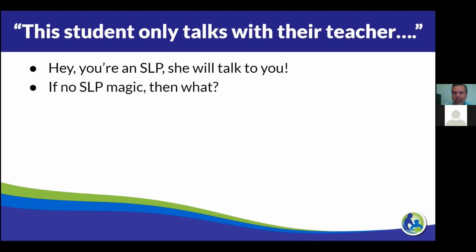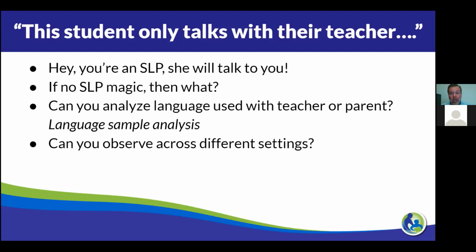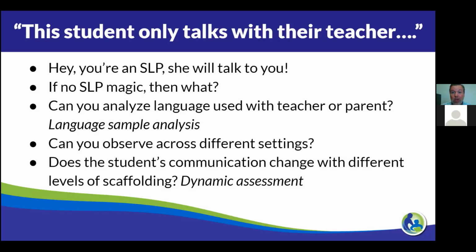But if that SLP magic doesn't work and we feel like, I don't think I'm really getting accurate, valid data from this norm reference test, can we look at the language that's used with teachers or parents through a language sample analysis? Can we observe across different settings and see some differences? Can we look at how the communication changes with different levels of scaffolding, different levels of teaching, different levels of instruction and support through a dynamic assessment?